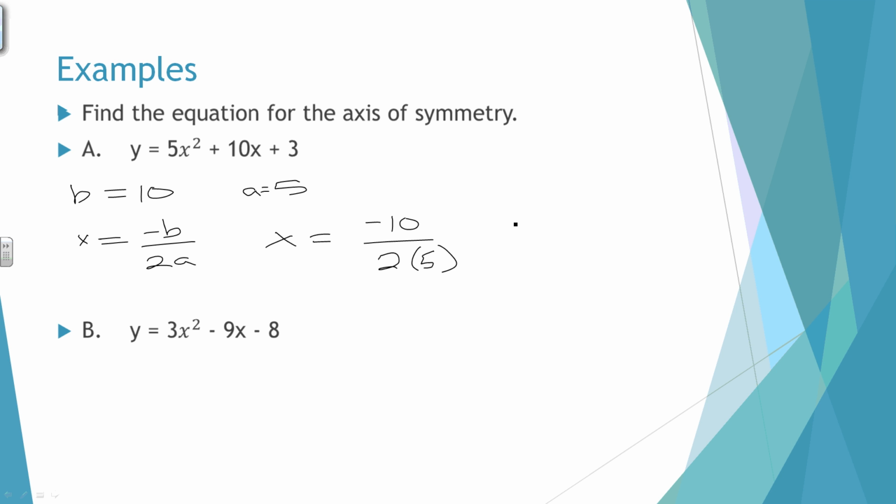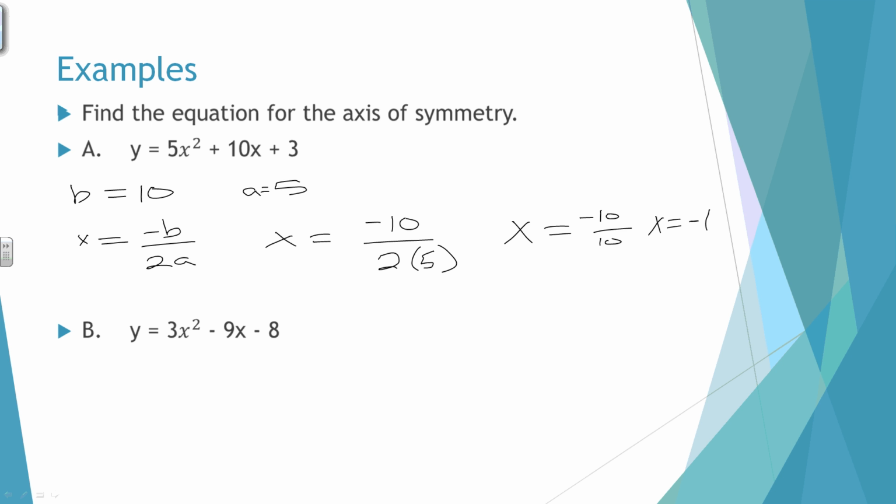A little bit of simplifying here, we're going to get x equals -10 over 10. So x will have to equal -1. So that would be exactly like the axis of symmetry we saw on the previous slide. A vertical line that goes down all the x equals -1 values. So that's it for that problem.